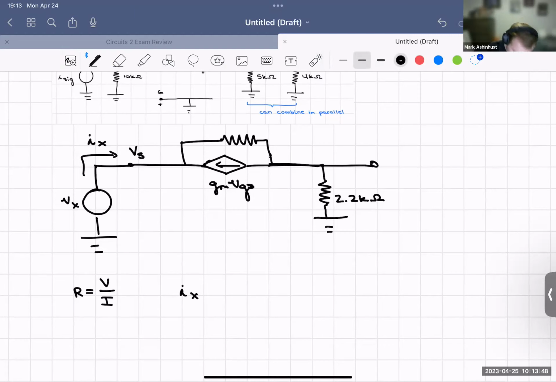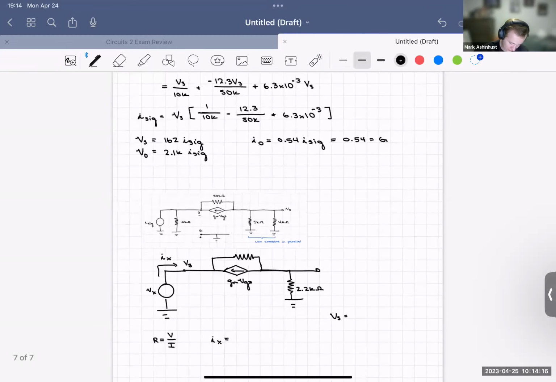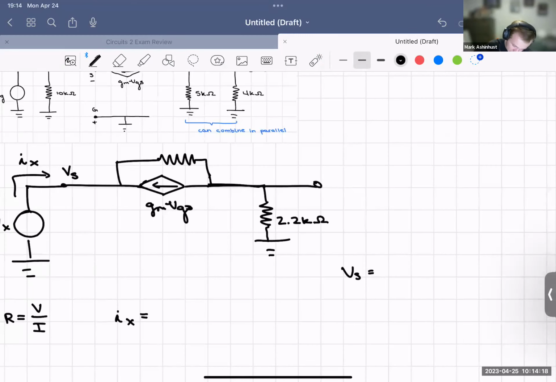We'll have Ix is equal to, we'll look back at it. We'll have Ix, so we'll have that Vx going up and then over the 50 kilo ohm ro. And we know what Vs is. We know that Vout is equal to 13.3 Vs, but it's not Vs anymore.